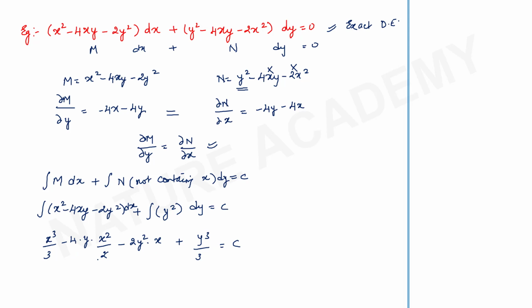Here what all gets cancelled? Two ones are two, two twos are. That's it. So our final answer will be x cube by 3 minus 2x square y minus 2y square x plus y cube by 3 is equal to c.